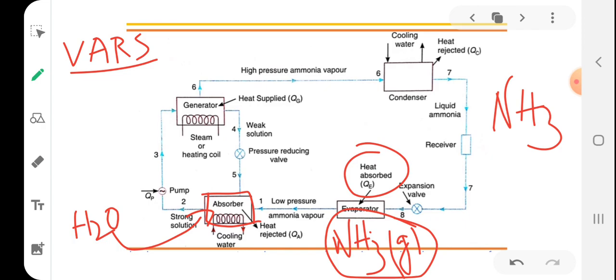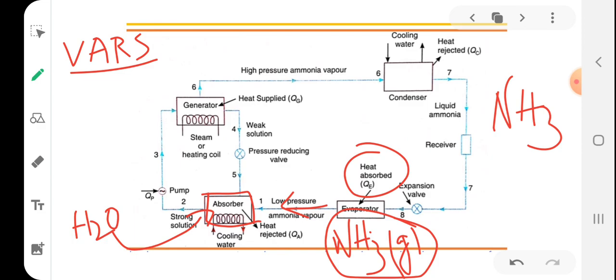The water absorbs the NH3 gas, ammonia vapor, to form an aqua ammonia solution. After the formation of the solution, the pressure of that solution gets reduced. After the mixing the pressure gets reduced, which in turn draws more ammonia vapor from the evaporator.